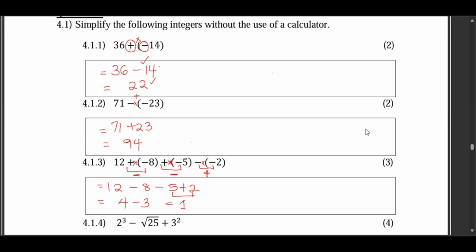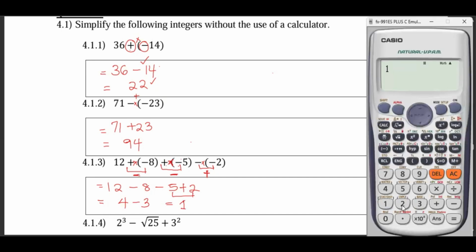What do you do to confirm? You come here, press your calculator. 12 plus negative 8 plus negative 5 minus negative 2. The answer becomes 1. Wow, it's right. Even though you put them in brackets, it's the same story.